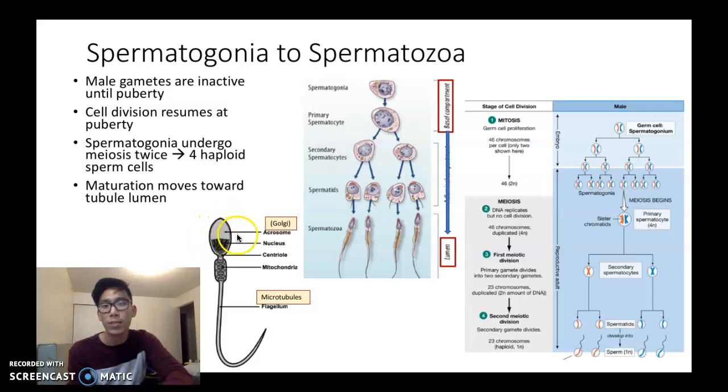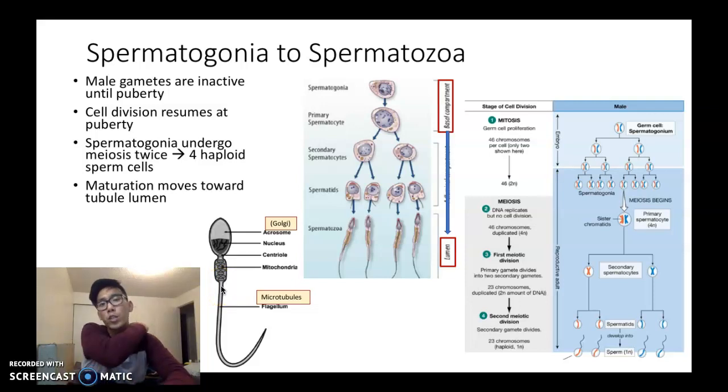The cytoplasm of the spermatid is mostly lost in this final stage, the mature sperm cell. The nucleus will make up the head, the centriole and the mitochondria make up the body, and the microtubules will transform into the tail or the flagellum.